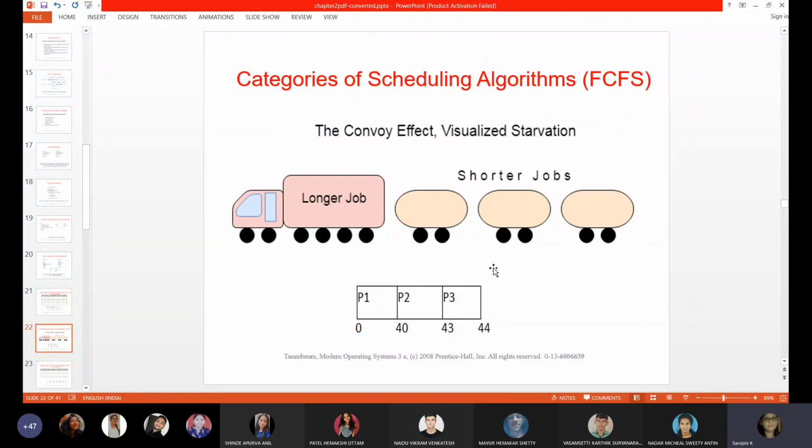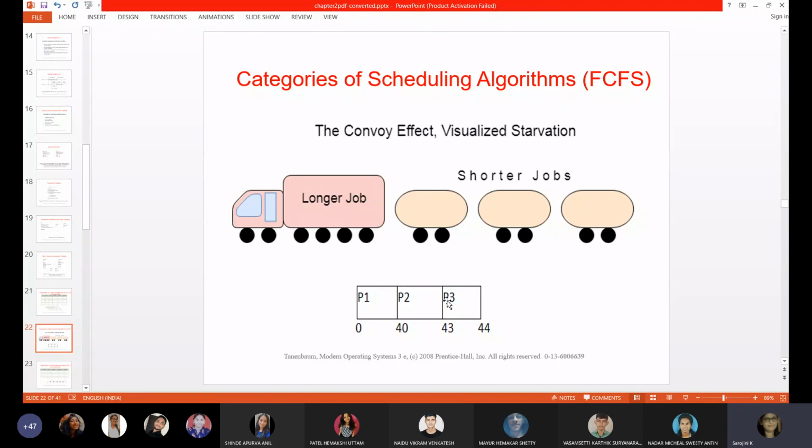Look at this diagram, the Gantt chart. Simply, we have taken three processes. For the first process P1, the CPU burst time is 40 milliseconds. Process P2 is 3 milliseconds, 43 minus 40.